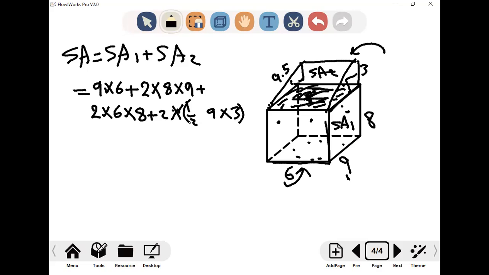Because we have 2 triangles. But I want the rectangle, this one. This one, how much? 6, the same, right? Plus 6 multiply 9.5.